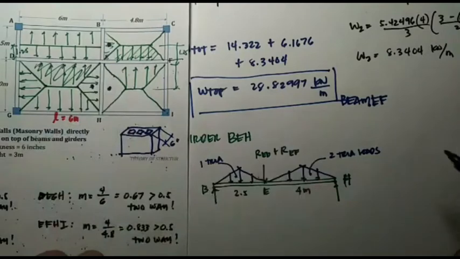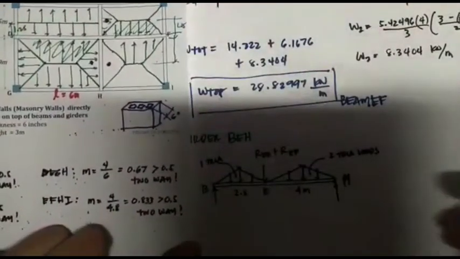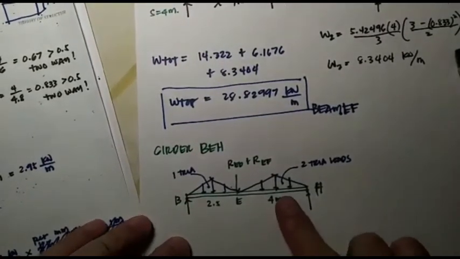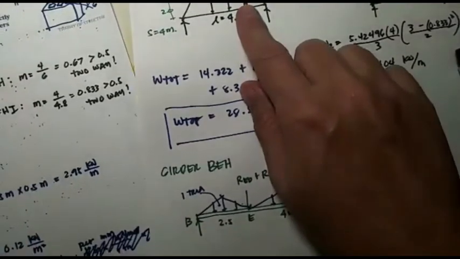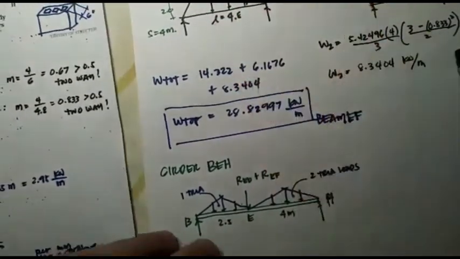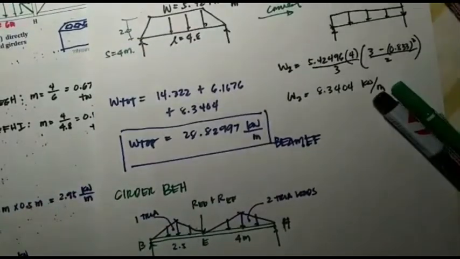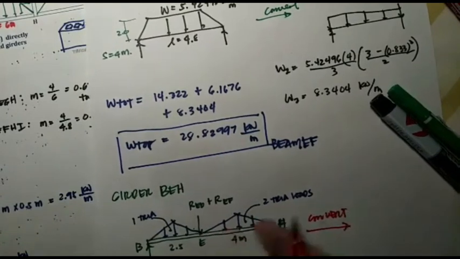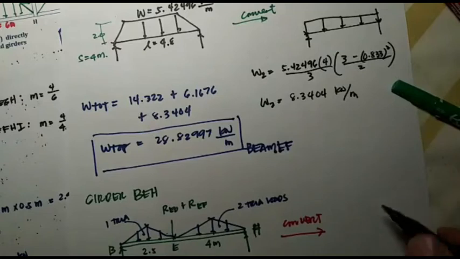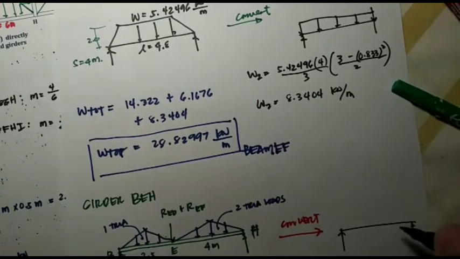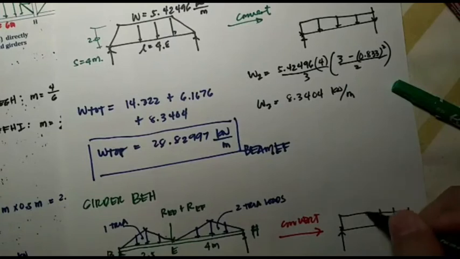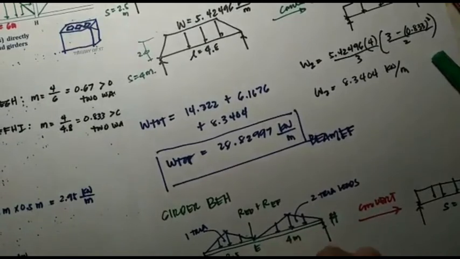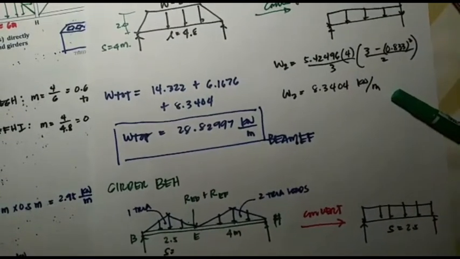Okay? Now, how do we convert the triangle? Earlier I explained how to convert a trapezoid to a uniform load. For a triangular load, this is how we convert. When you convert a triangular load to a uniform load, this is the shorter span, right? Shorter span, 2.5.